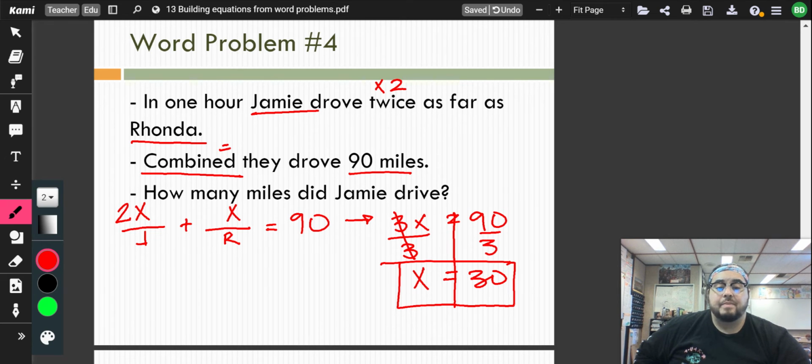But in our setup, Jamie is not represented by X. Rhonda is. So if I'm trying to answer the question, right, if Jamie is 2X, then that's 2 times 30. So Jamie actually drove 90 would be total. Jamie is 2X. 2 times 30 is 60.